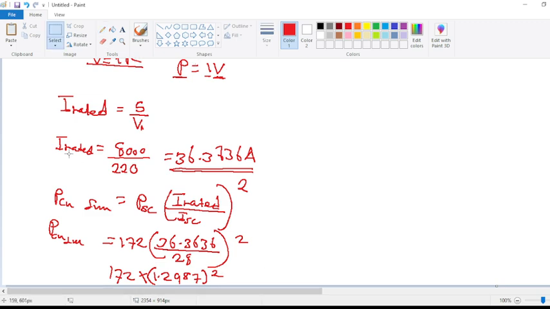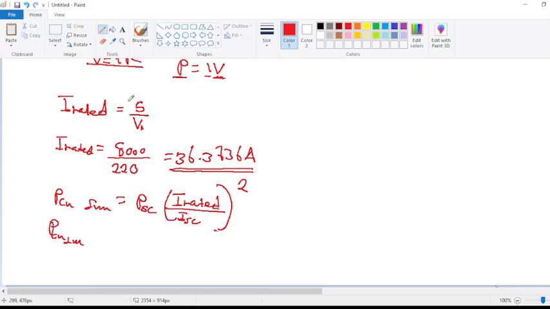Let me just erase this part. Okay, so now we have our 172 here. It still stands. Multiply by, remember, still solving what is inside here, 1.6866.